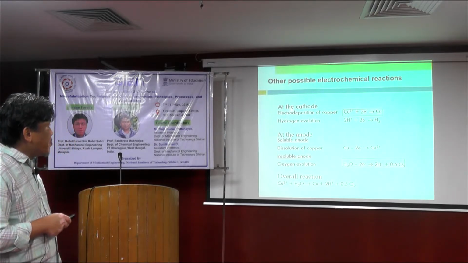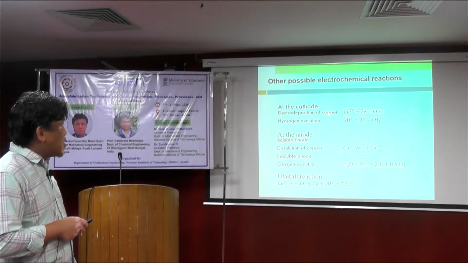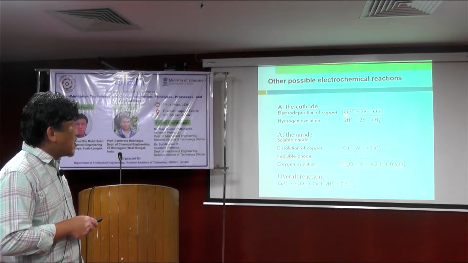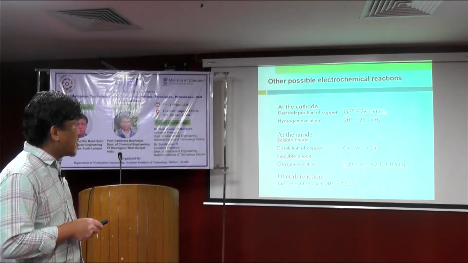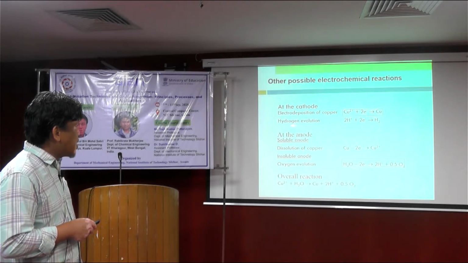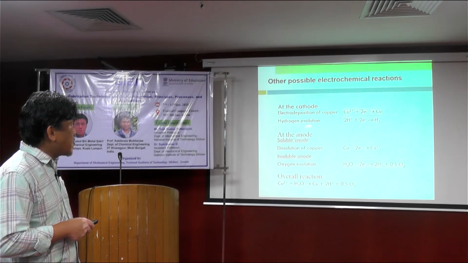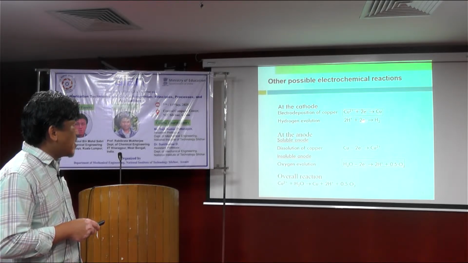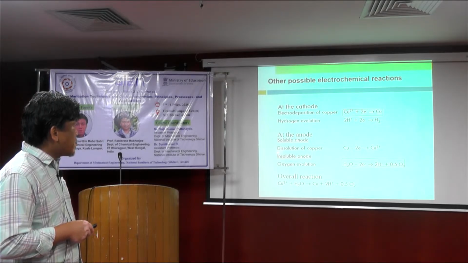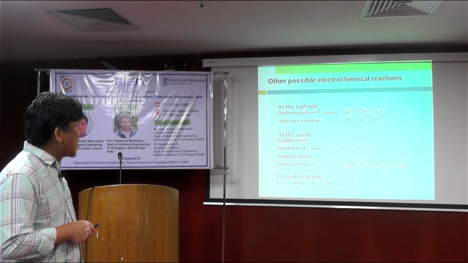The reaction happens at the cathode. So electrodeposition of copper, as mentioned before: Cu2+ plus 2 electrons, then you get copper, the bulk copper substrate. At the same time, hydrogen evolution happens: 2H+ plus 2 electrons, then you get hydrogen gas released.